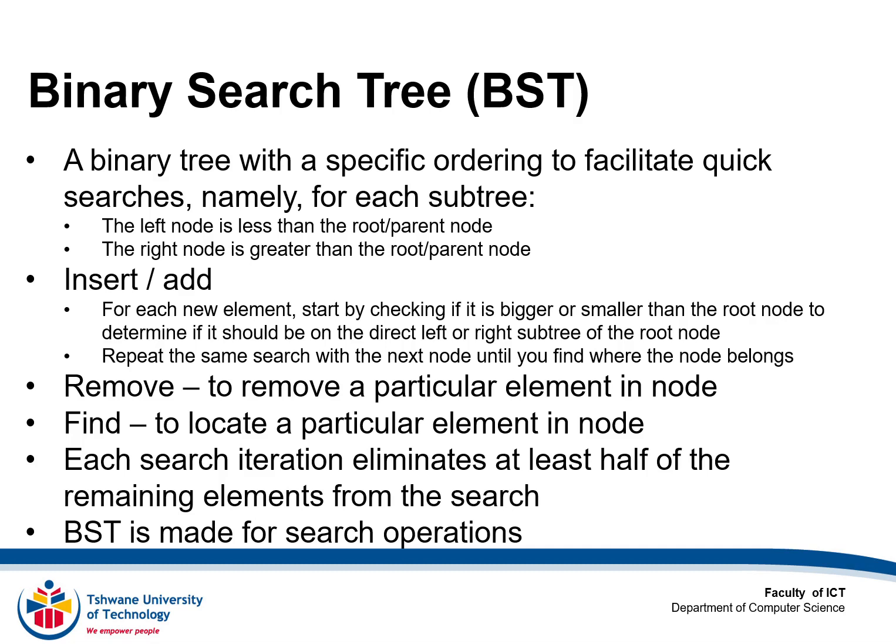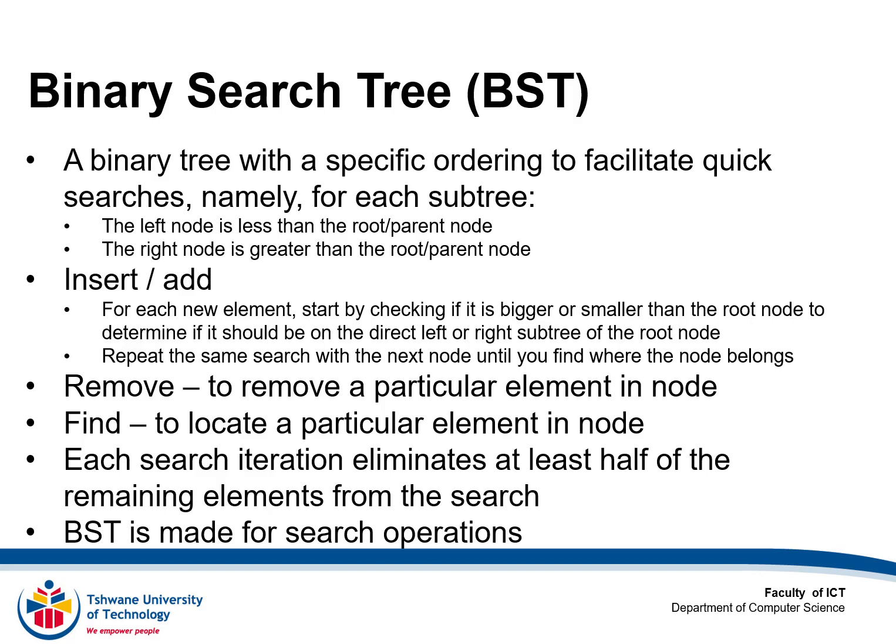Given a node, its left child must be less than the node itself, and its right child must be greater than the node itself. Simply put, when you think about insertion or addition, for each element that you want to add, it's important that you first check whether it's bigger or smaller so that you can know which side it belongs to, whether the left or the right, because of that ordering property.